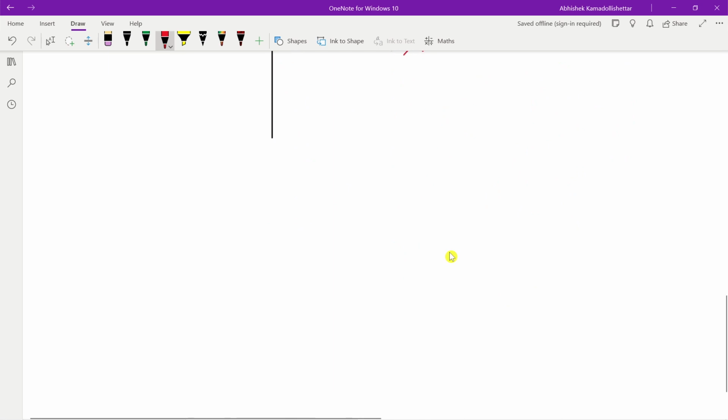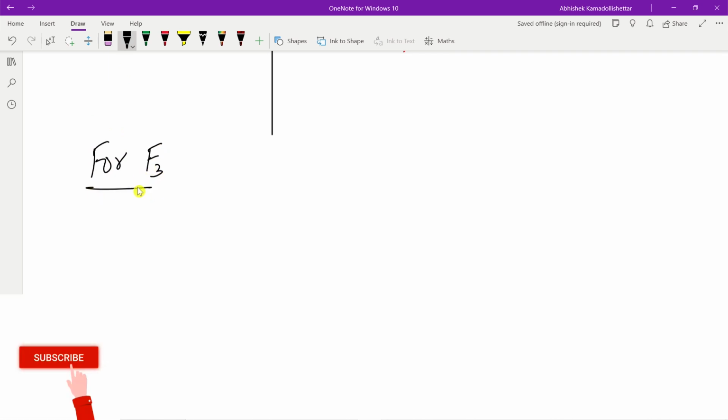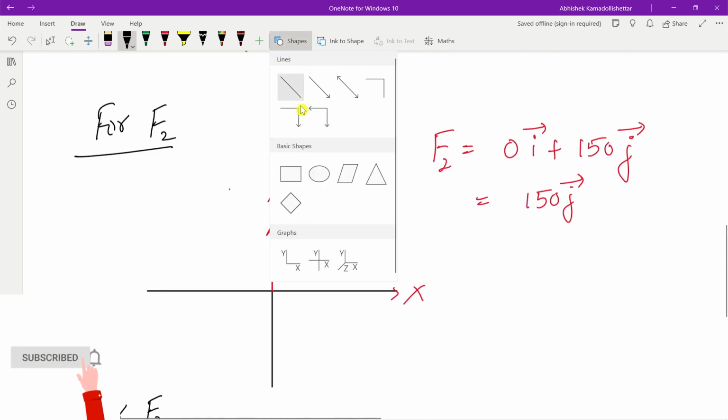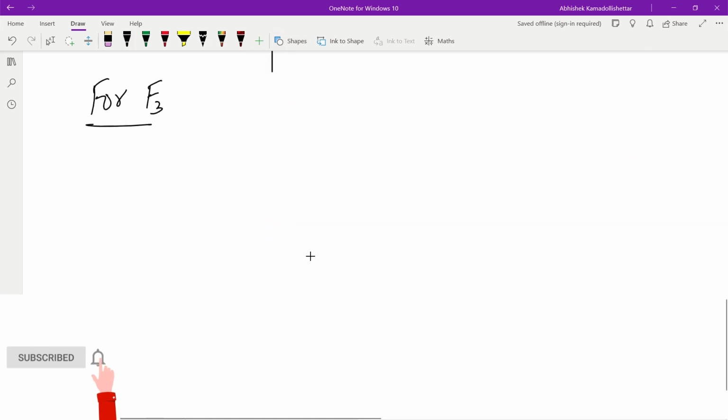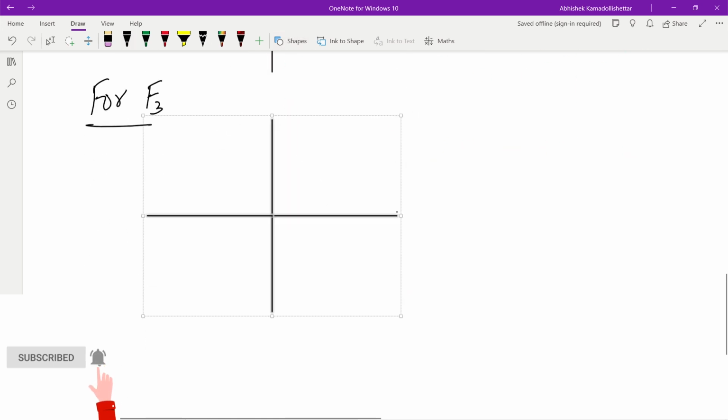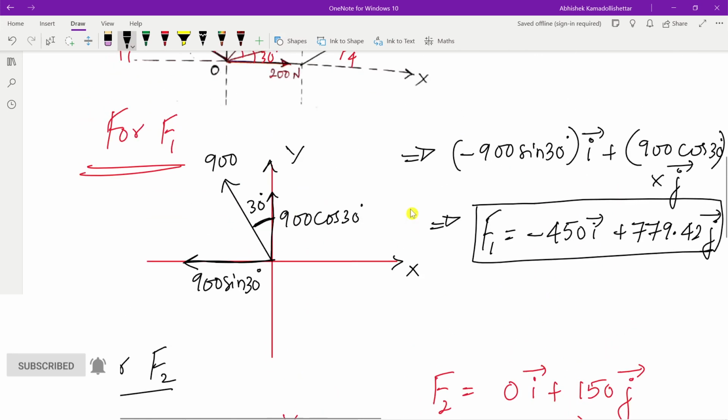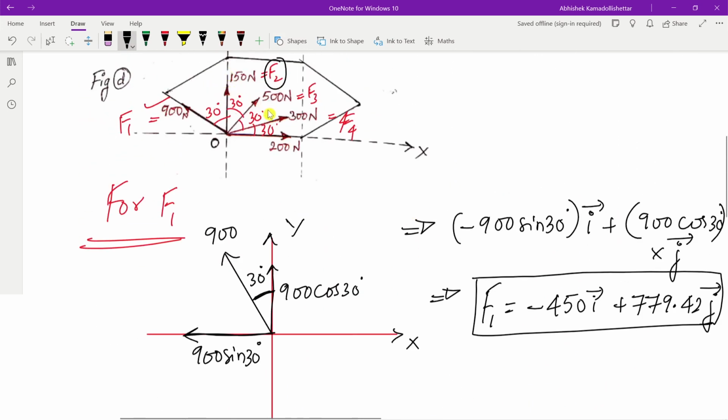Now for force F3, again the same thing, consider the xy plane. The force F3 here is 500 newtons. One very important observation to make is that it is inclined to the vertical at 30 degrees.